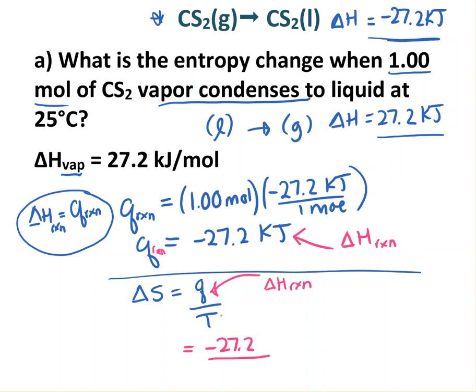now for the temperature, we were given a temperature of 25. But we need to make sure we put that in Kelvin. And we do need units here. This is kilojoules.